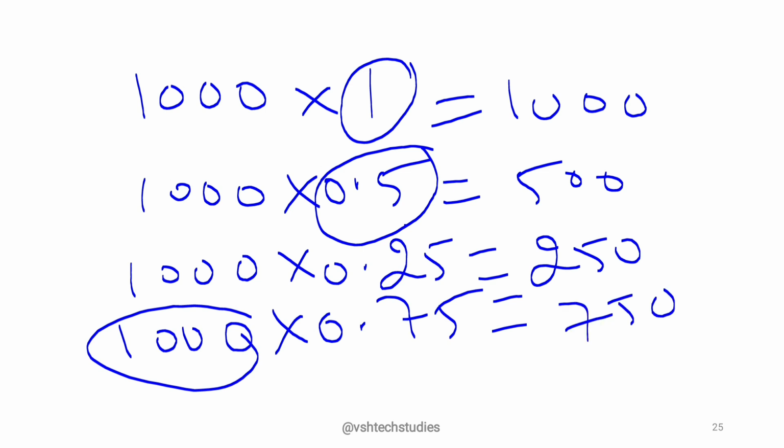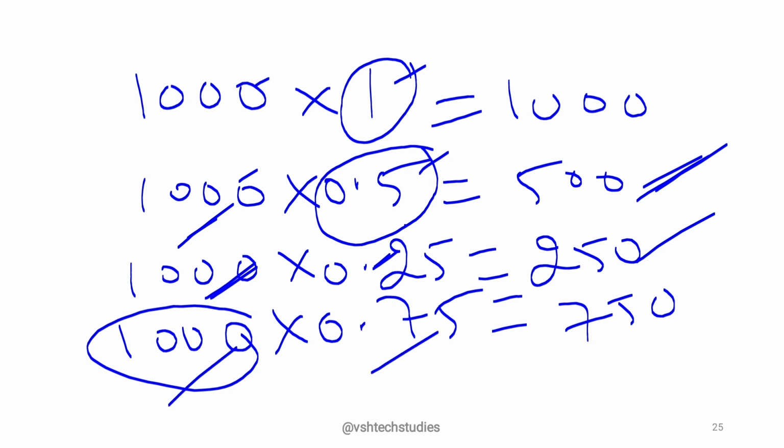So for 100% of 1000, which decimal do we take? 1. Then for 50% of 1000, which decimal do we take? 0.5. What is the amount here? 500. So 0.5 of 1000 means 500, and 50% of 1000 means 500. Similarly, 25% of 1000 means 250. Next, 75% of 1000 means 750.